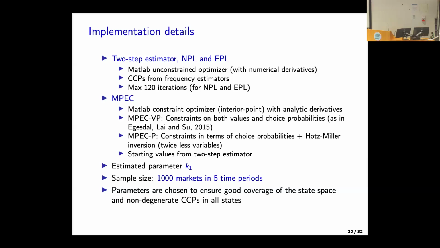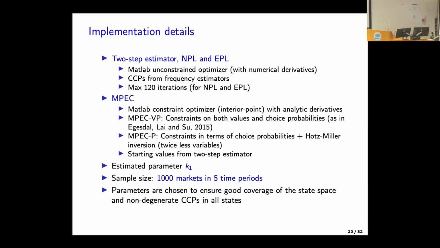We are considering two versions of these sequential estimation methods. We talked about NPL that Victor went through, and then there's also something called EPL, efficient pseudo likelihood. I haven't gone through that here, but there's a very nice paper by Blarians and Schjerning and Blevins, and we're going to put that in the box.